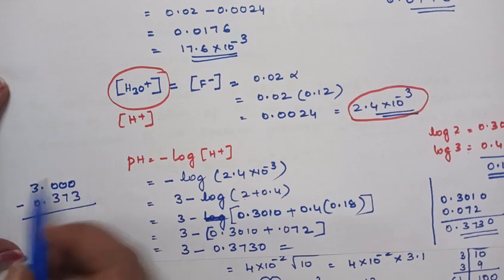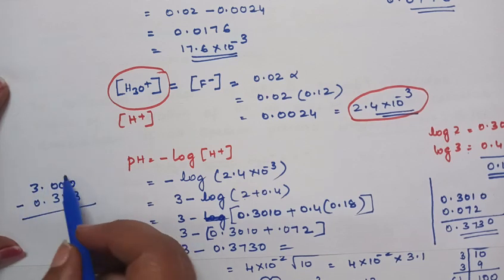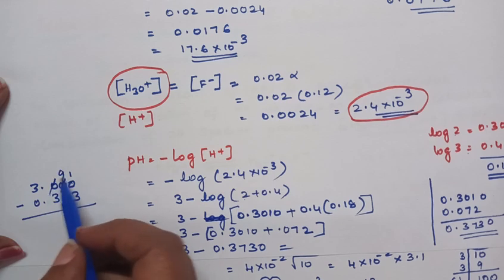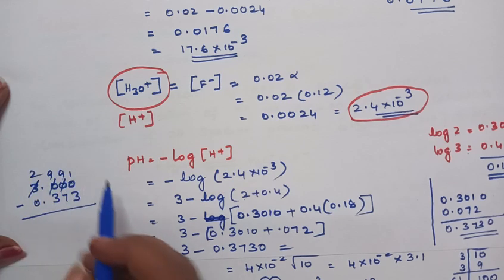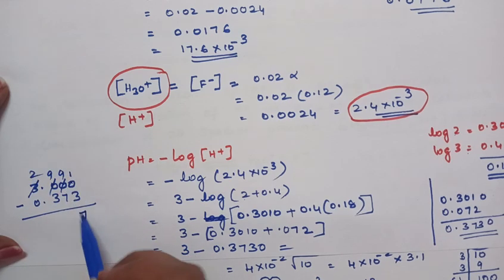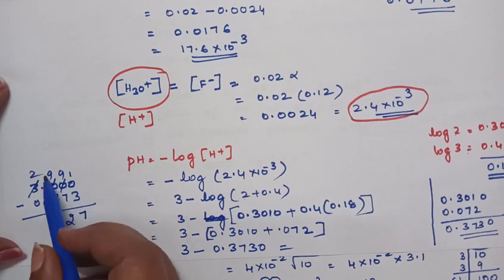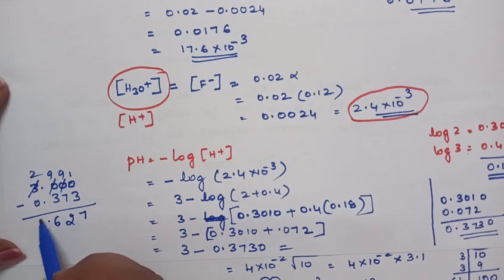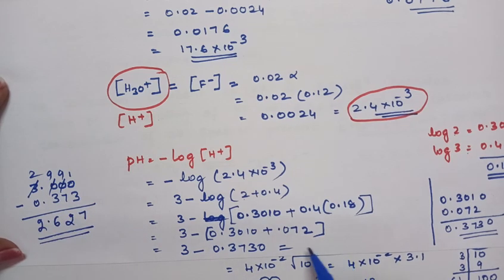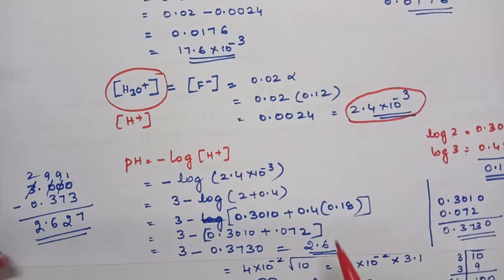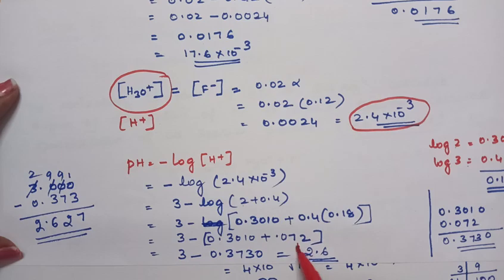Taking the carry over, it will be 10, 9, and this will be 9, and this will be 2. So 10 minus 3 is 7, 9 minus 7 is 2, 9 minus 3 is 6, and 2. So the answer you are getting is 2.6. The pH value we are getting is 2.6.